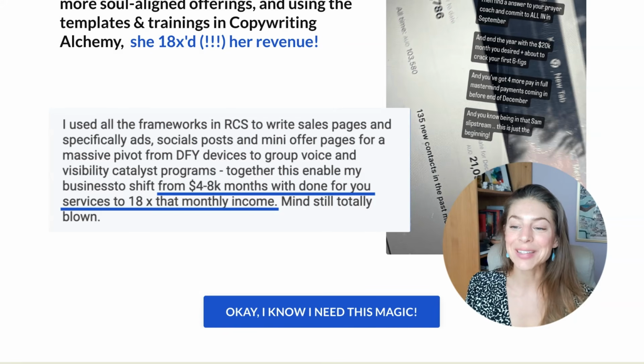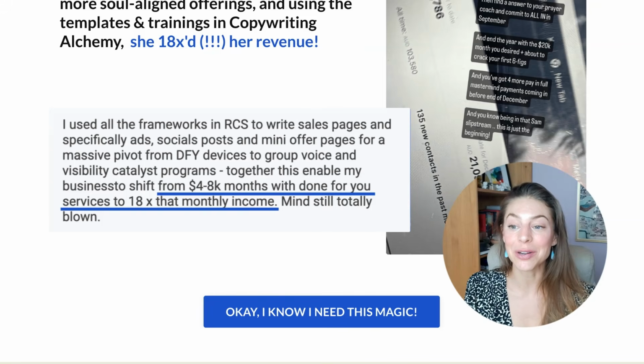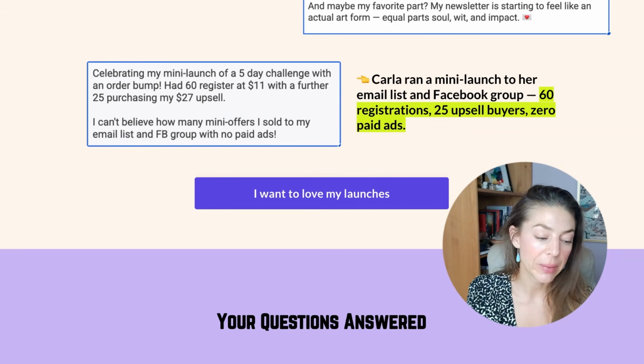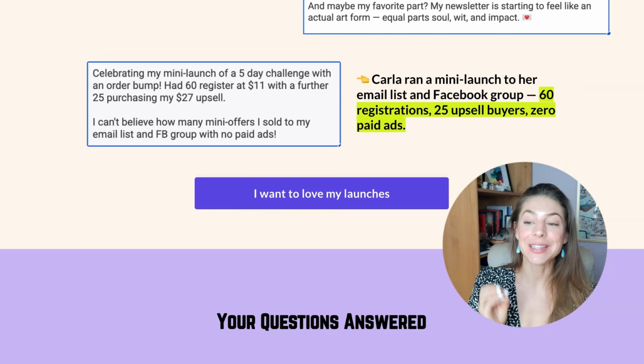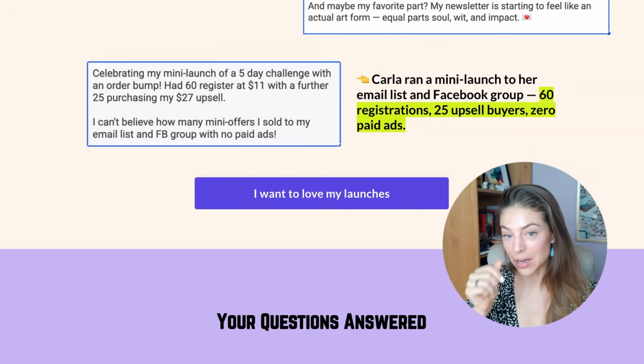So this is a bad example in the sense that these are really big results from this client. So let's look at a different one to show what tiny ones can also do. Here's an example from a different program of mine, Launch Alchemy. I send out pretty much the exact same survey for all of my digital courses, just changing slight variations on words.